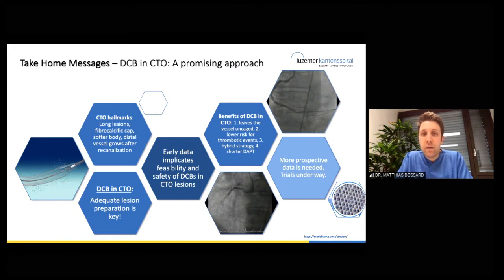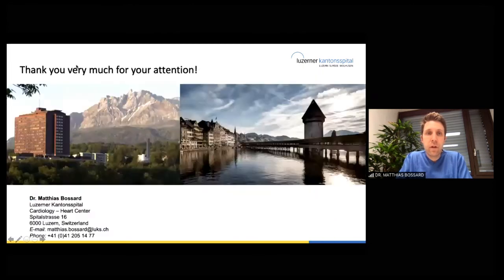Early data from our side and other studies implicate feasibility and safety of DCBs in CTO lesions, but certainly there is room for more data. There is already a randomized trial launched for the use of contemporary DCBs in CTO lesions, and I'm keen to learn more about that technology in the near future. Thank you very much for your attention.